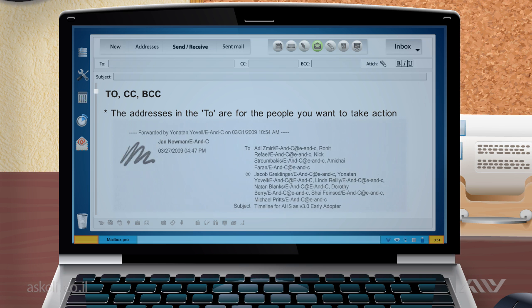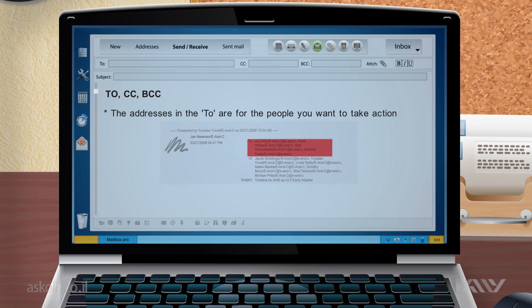Now, if you look at this example, you'll see there are a number of people in the to category. I personally am not a great fan of this system because the more people you have, the more likely you are to be in one of two situations. Situation A is where everybody leaves the mail to somebody else to handle. Ultimately, nobody does anything.